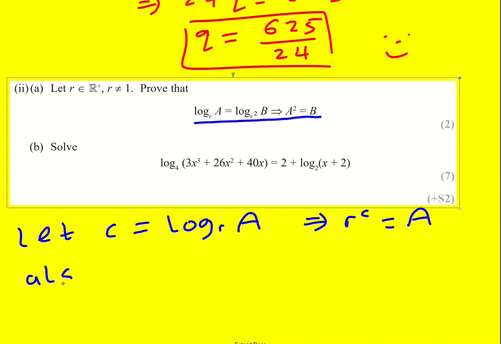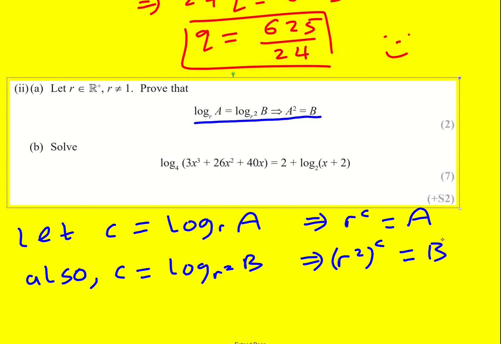But also c is equal to log to base r squared of b. And this implies that r squared to the power of c is equal to b.